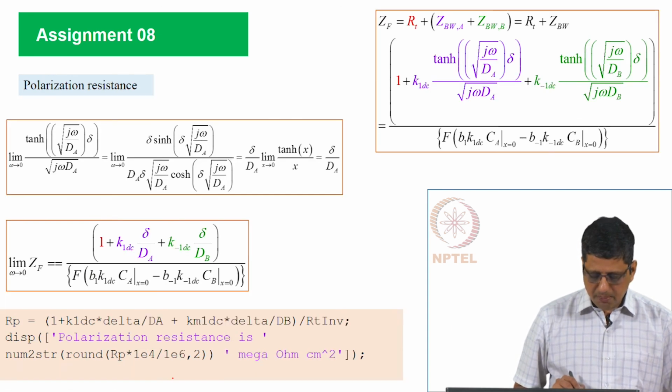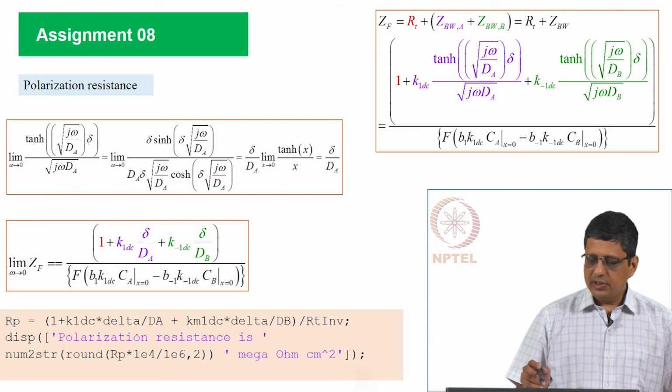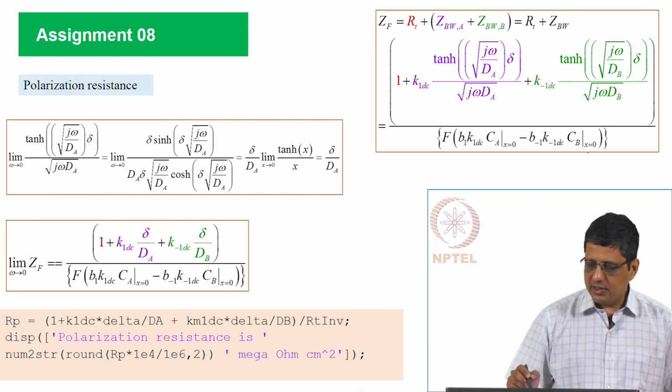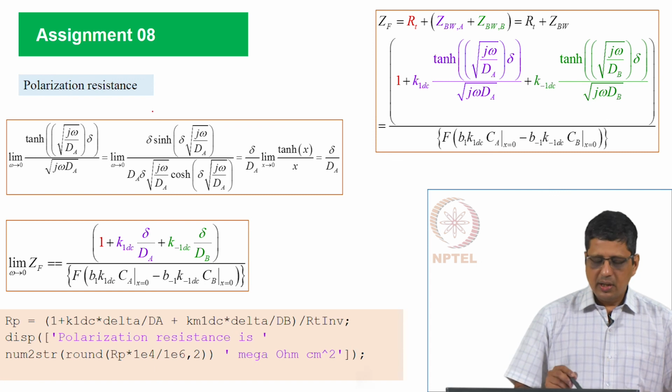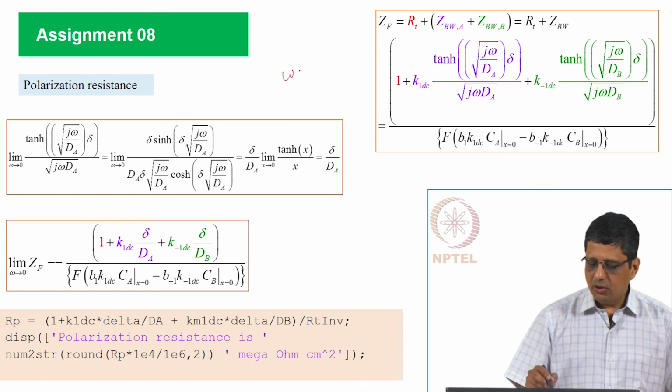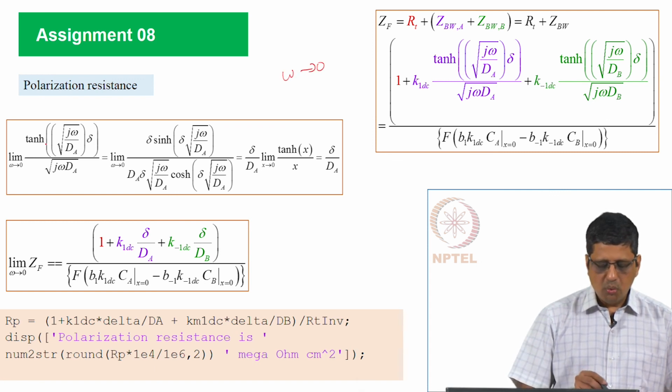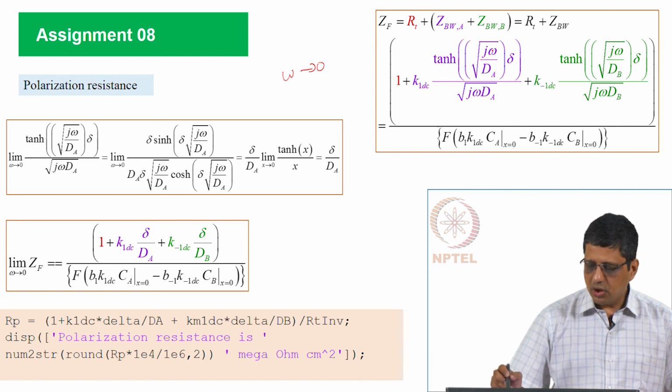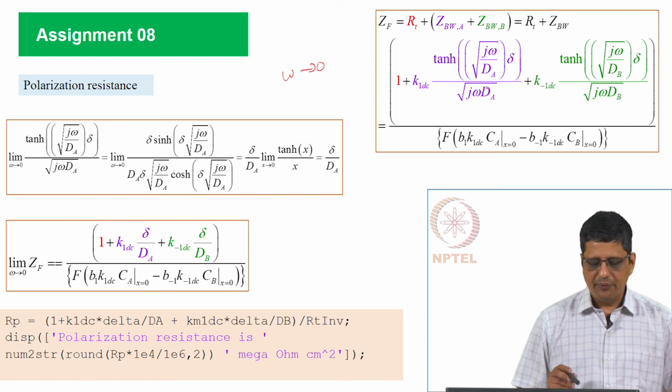To calculate the RP, we have to first remember that Faraday impedance is given by this expression, and we have to calculate the value when omega tends to 0. What happens to hyperbolic tangent of square root of j omega by dA delta divided by square root of j omega dA?